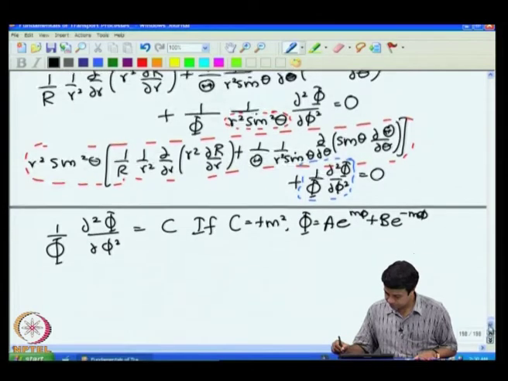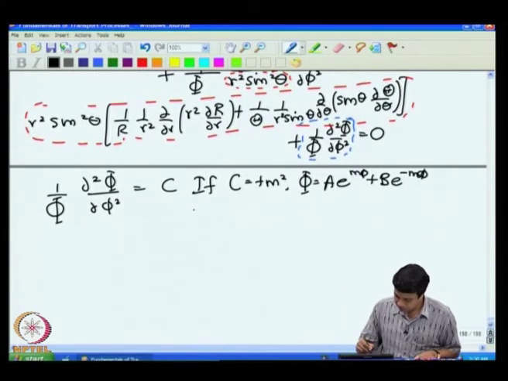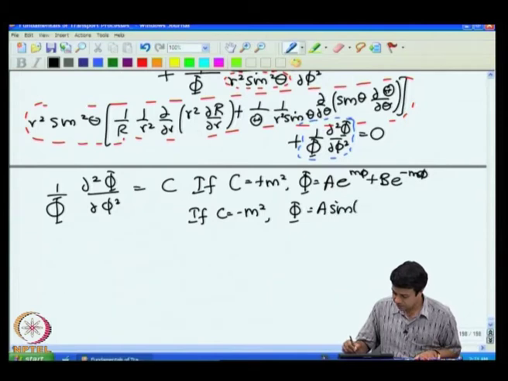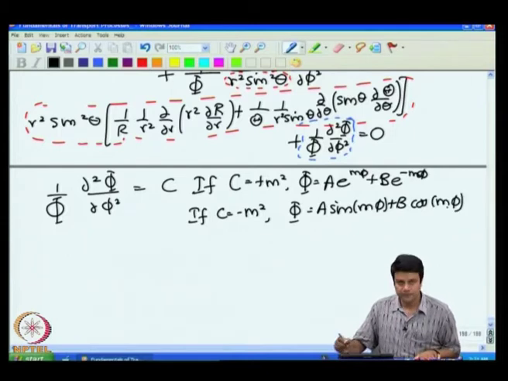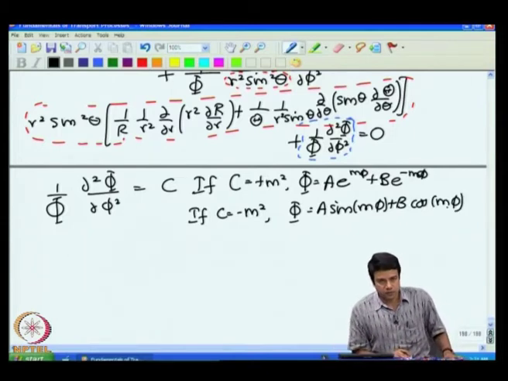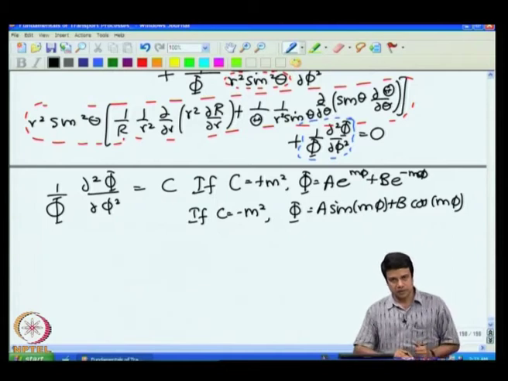On the other hand, if the constant c is negative, then phi is equal to a sin m phi plus b cos m phi. So, these are the two possibilities for the constant.